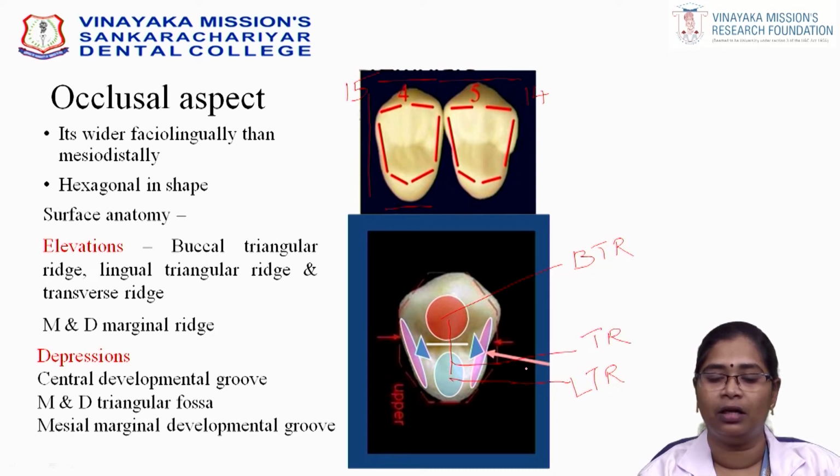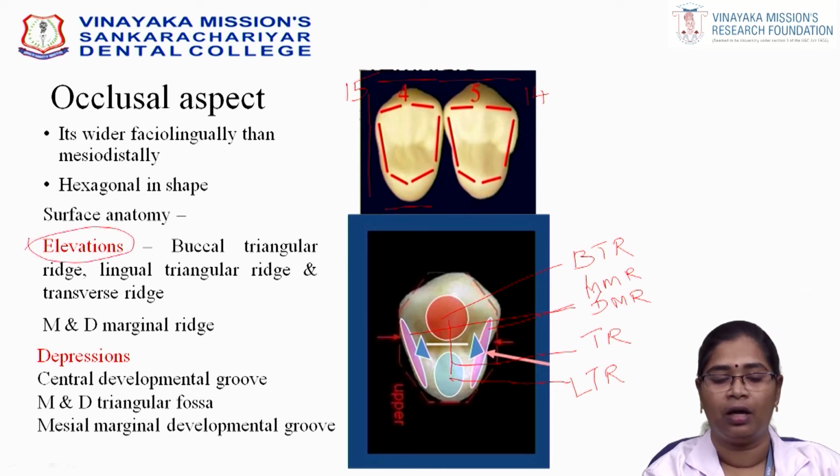So these are the elevations seen on the center, and the other elevations are the mesial and distal marginal ridges. Mesial marginal ridge and distal marginal ridge. These are the elevations that you will be able to appreciate.